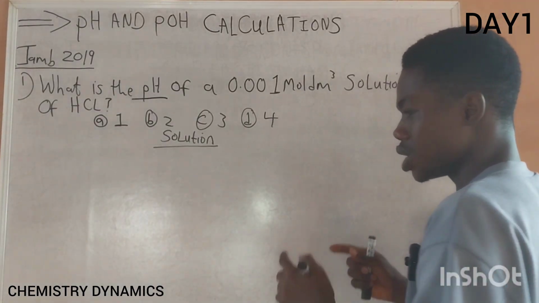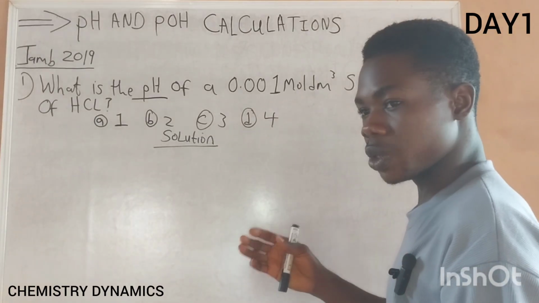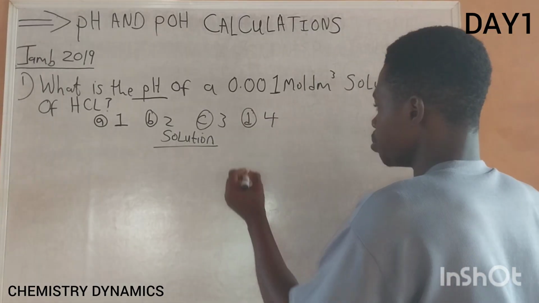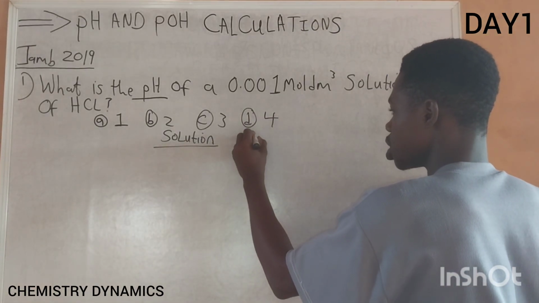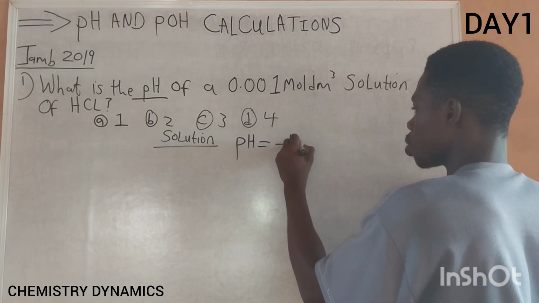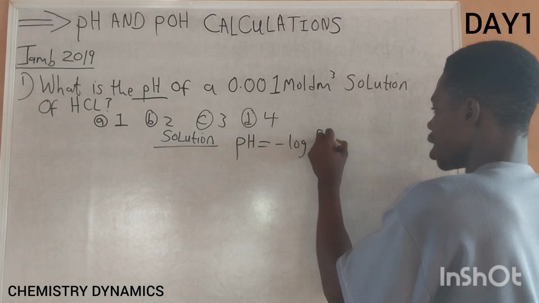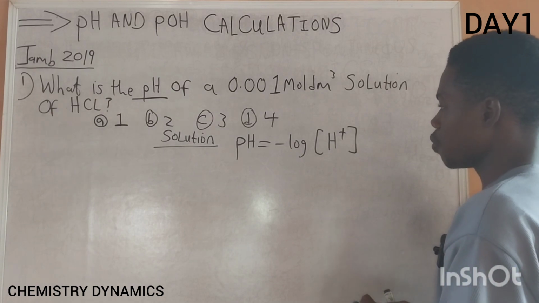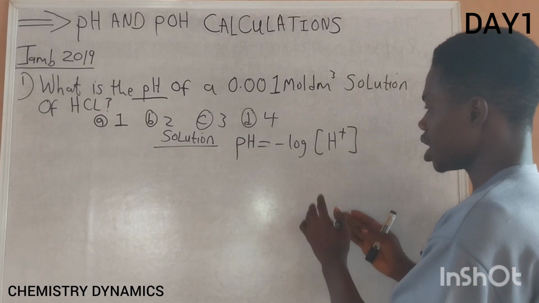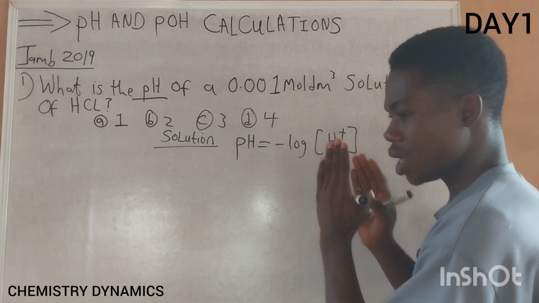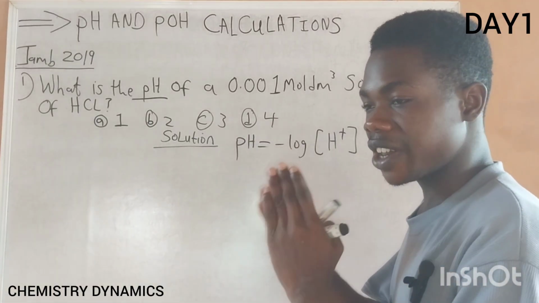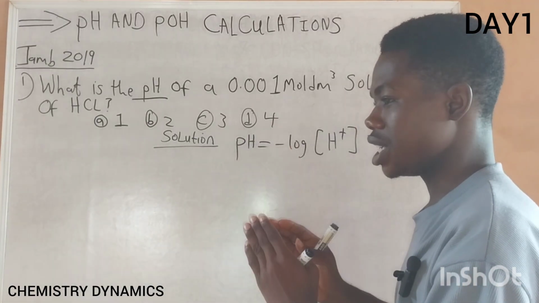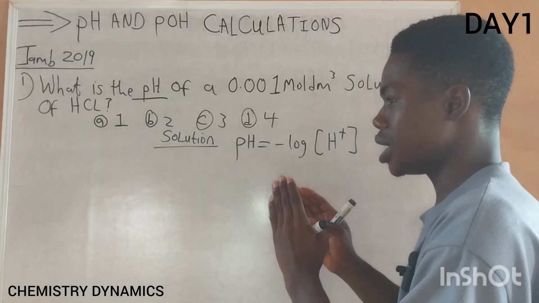Normally, back in our secondary school, the formula we know for calculating pH is pH equal to minus log open bracket hydrogen ion. This is also correct, but in today's lesson I'll be showing us a very simple formula for calculating pH with ease in the JAMB examination hall.